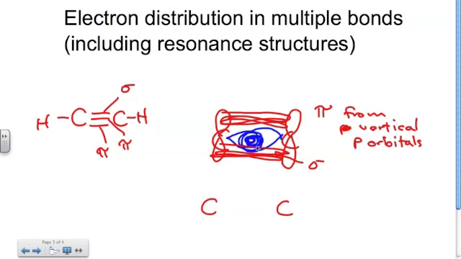Now imagine you take another sheet of paper where you had p orbitals drawn on it, but you turned that paper horizontally. So now you have p orbitals going out this way. If you imagine these p orbitals overlapping, the electron distribution would be hanging out this way.